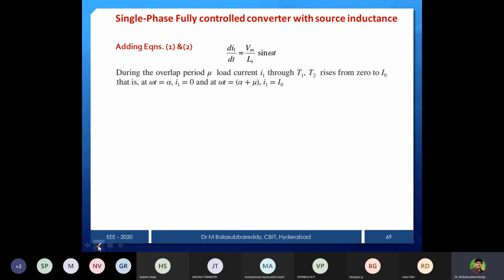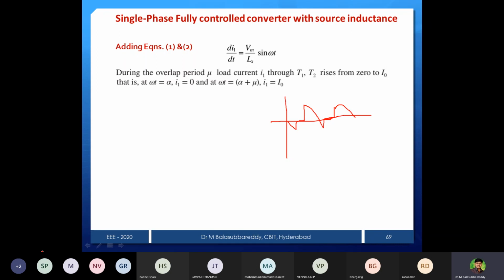Now let us see our waveform. Here is the magnitude, and here it will be 0, and here 0, and we get a waveform like this. This is our voltage waveform, and again we start the next one.